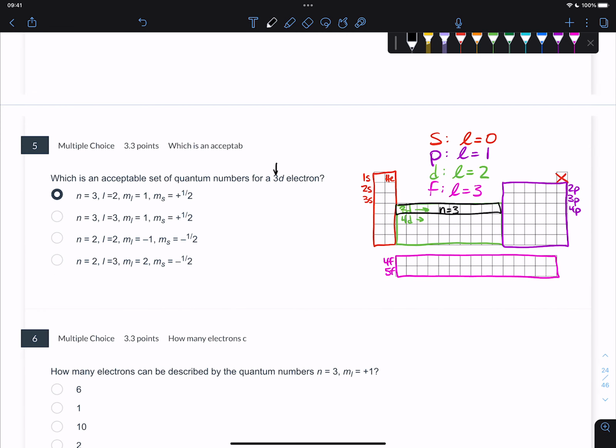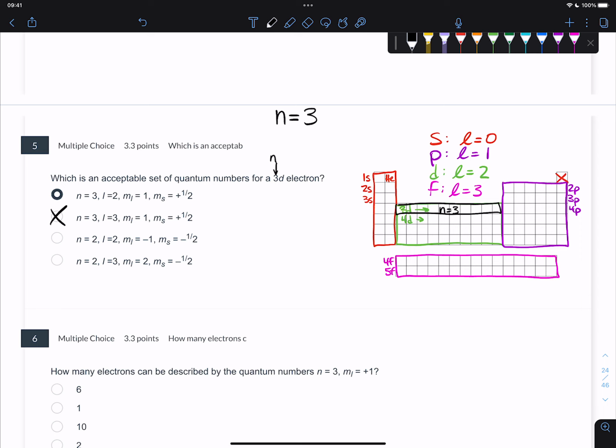Next we have L. The reason that we know this is not a great answer, I'll put an X to it here, is because L takes the value of 0 all the way up to n minus 1. So in this 3D, we know n clearly equals 3, right?